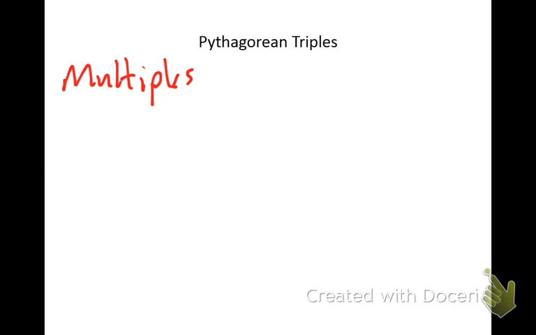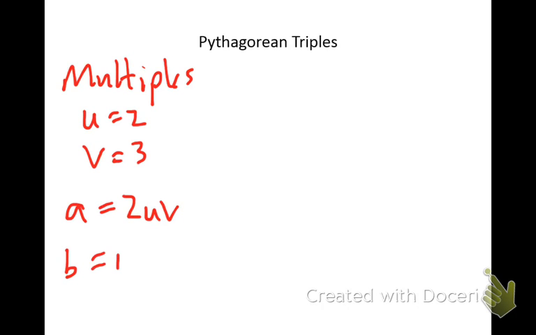You pick any two numbers, we'll call one u, we'll call u 2, and v 3. Then to come up with a Pythagorean multiple, A is going to equal 2uv, B equals u squared minus v squared, and C equals u squared plus v squared.